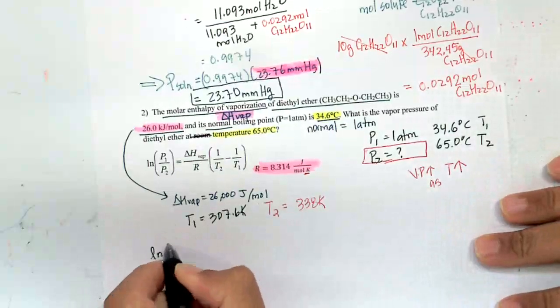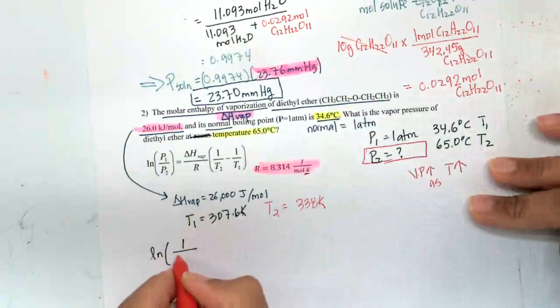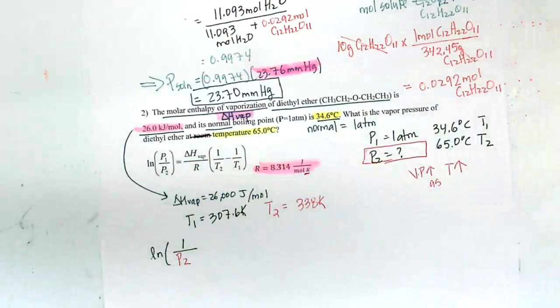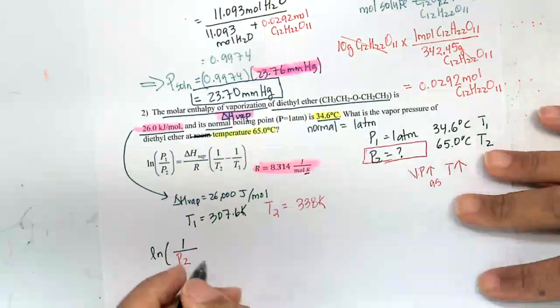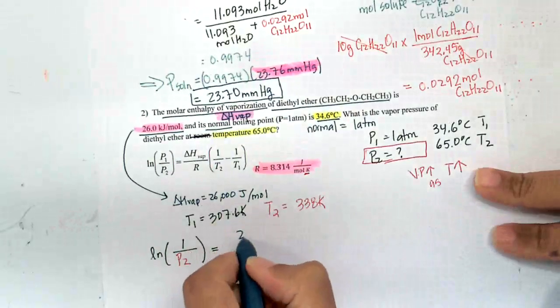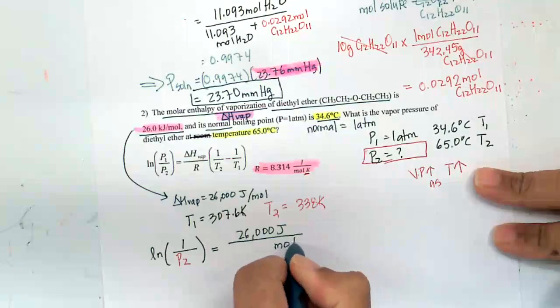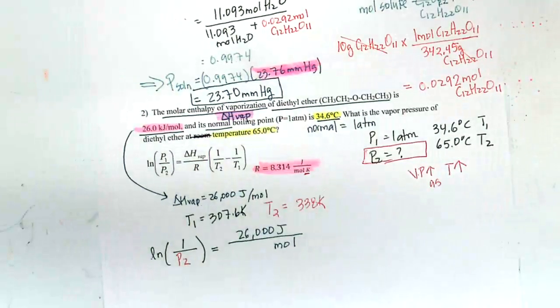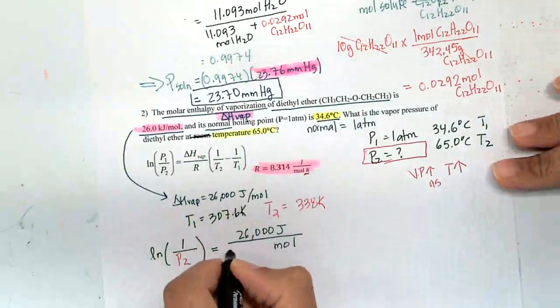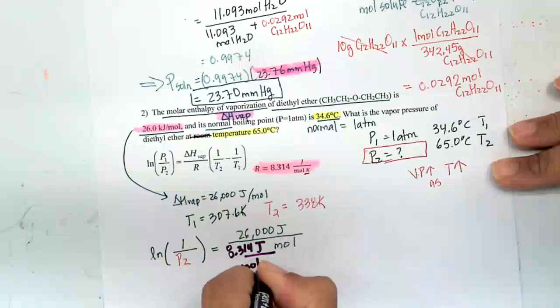Right, so we'll do natural log. P1 is 1 atmosphere. P2 is what we're trying to solve for. Equals delta H vaporization, 26,000 joules over a mole. Okay, I'll give you this equation and I'll give you R, but R is this value here. Correct, very good. 8.314 joules over a mole Kelvin.